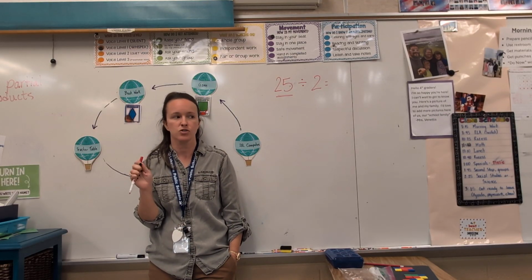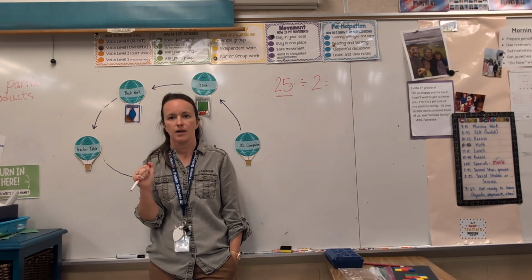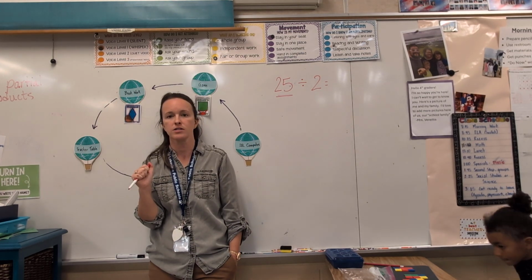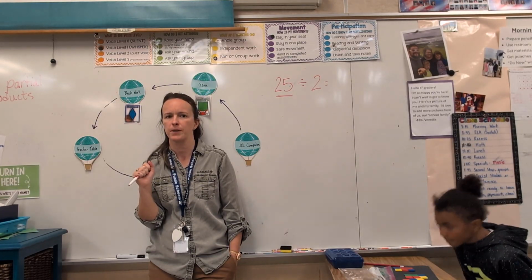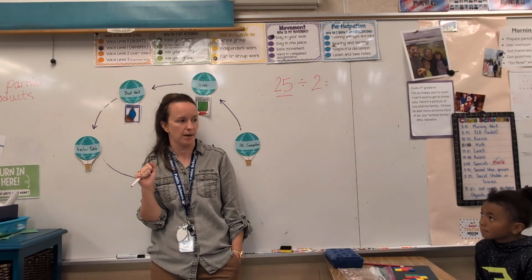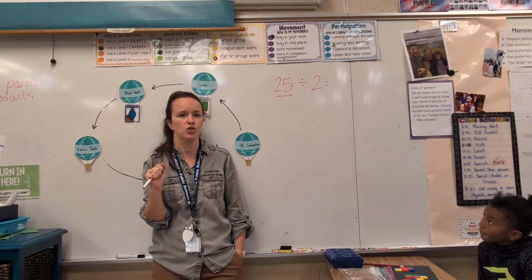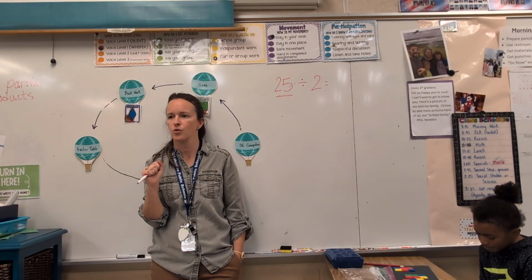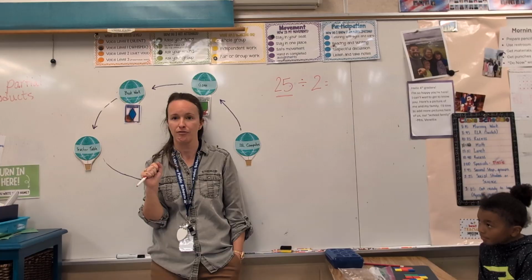Go ahead and split 25 tiles into 2 groups. Or you could also be thinking, how many would each group be if I did a double of that number? So what times 2 gets you close to 25? Does anything give you exactly 25?